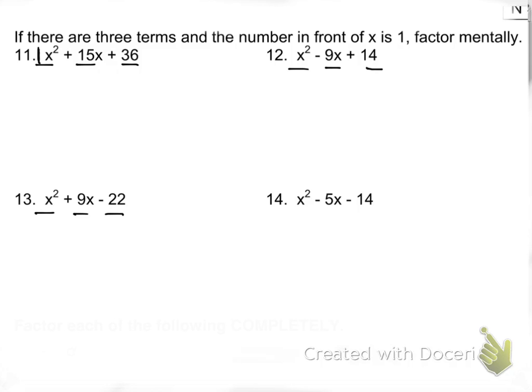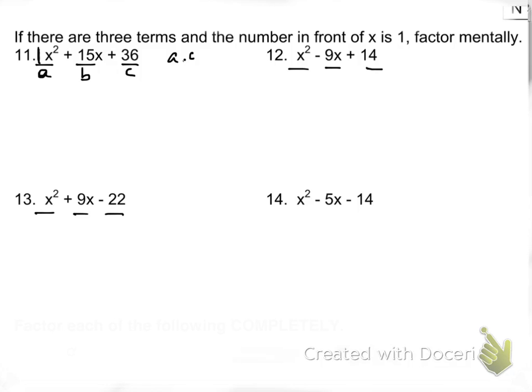The process, even when you have a number there, is you multiply the first term. If you remember back probably in Algebra 1 when you did the quadratic formula, the number in front of the x squared term is a, the number in front of the x term is b, and the number in front of the constant term is c. So a is 1, b is 15, and c is 36. The process is you multiply a times c.